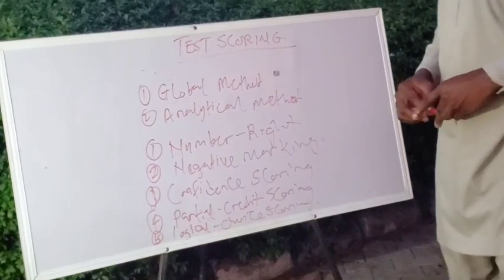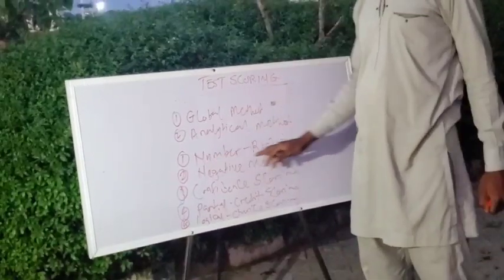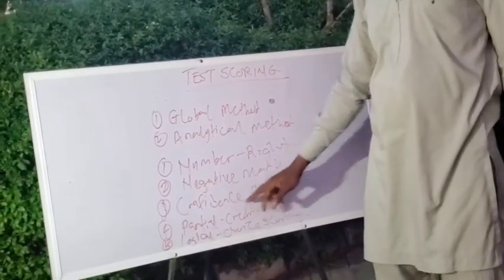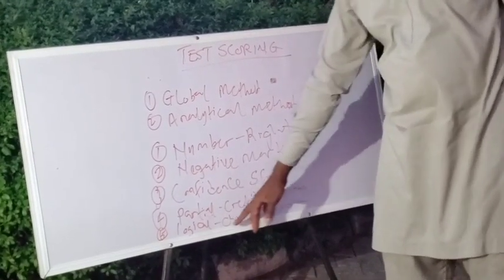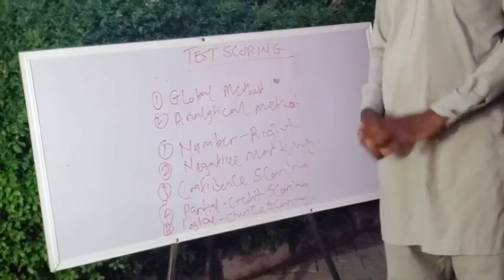So just like I have said, when you are scoring, we have the number right scoring method, negative marking, confidence scoring, partial credit scoring method, and logical choice weight or logical choice scoring method.